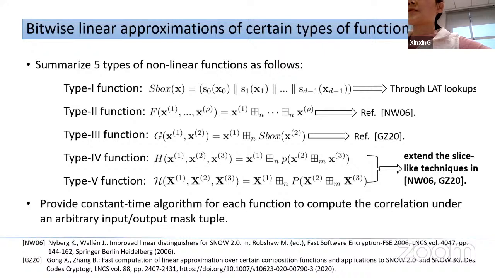For our first contribution, we provide constant time algorithms to compute the correlations of 5 types of functions, which are used for the cryptanalysis of SnowB. For computing the correlations for type 2 and 3, we use existing algorithms from the following literature. And for computing the correlations for type 4 and 5, we propose new algorithms by extending the slice-like techniques.